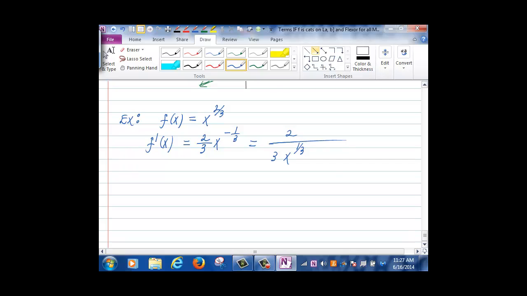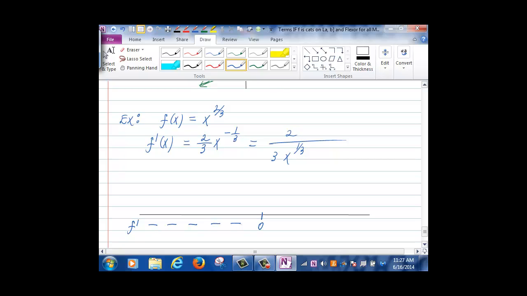So notice that if I make the real number line, I know that the derivative doesn't exist at 0. What's the sign of the derivative on the left of 0? When x is less than 0, what's the sign of the derivative? Negative, right? Because if x is negative, x to the 1/3 is negative. So I know that my derivative f prime is negative everywhere here.